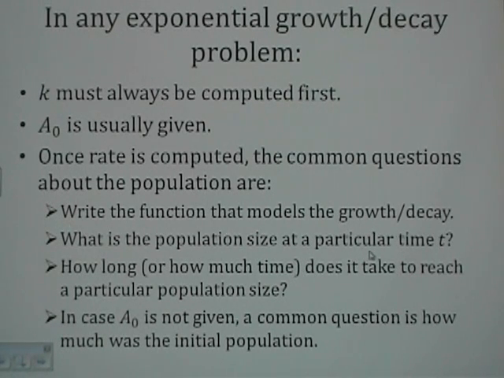So it could be like we started monitoring the population of bacteria 5 years ago already. But right now we know at this moment it's going to be this much. But then how much was it when we started out the experiment? So something like that is going to be expected.